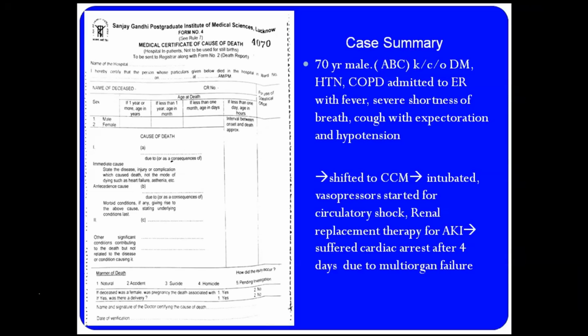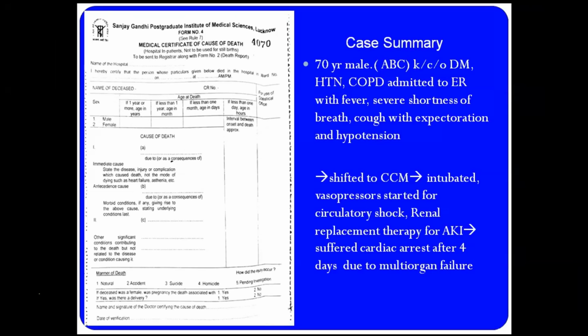Looking at the case summary, the most appropriate underlying cause is acute exacerbation of COPD. Then he landed up with severe pneumonia, which means he had shock, multi-organ failure, and ultimately A is multi-organ failure.